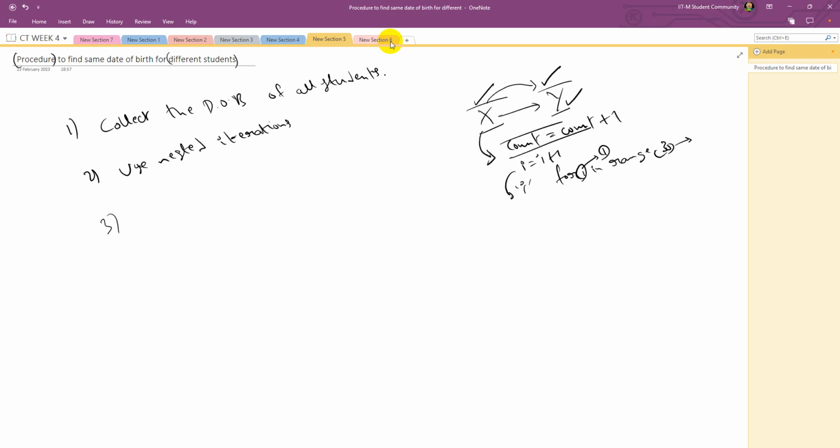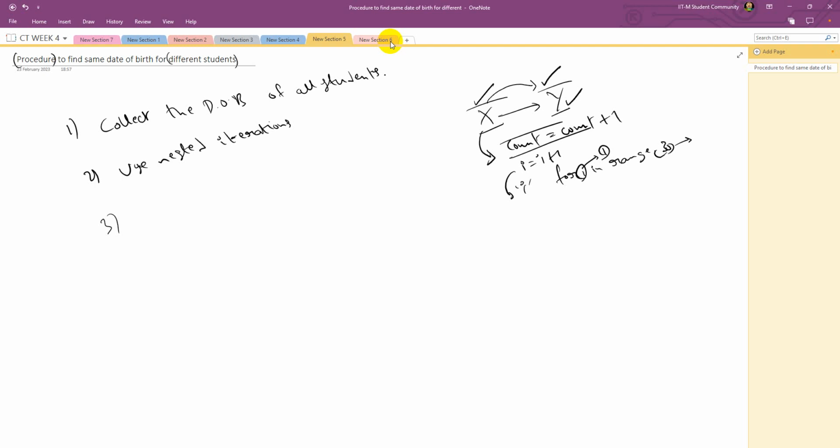Overall, as a summary, finding 2 or more students sharing the same date of birth involves using nested iteration. Nested iteration means you must use two iterations, an outer and an inner, and I have told you what the outer and inner iterations do.